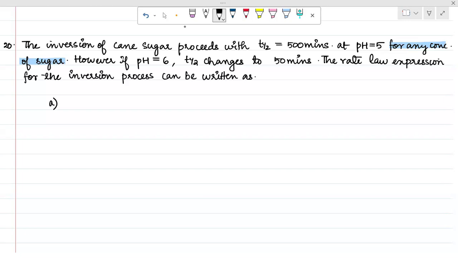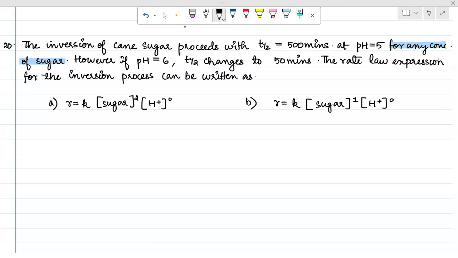Option A, rate is equal to rate constant into concentration of sugar to the power 2, H plus to the power 0. B, rate is equal to rate constant into concentration of sugar to the power 1, H plus to the power 0.